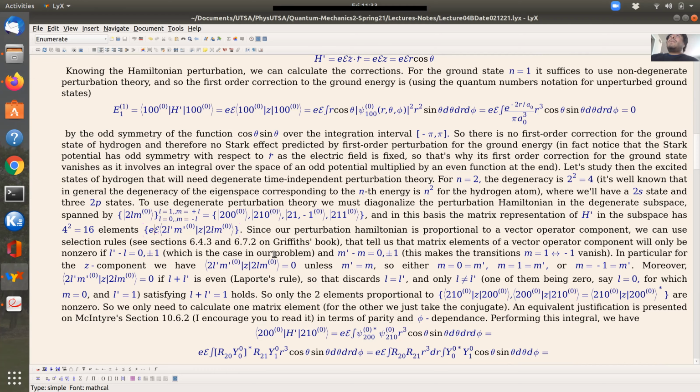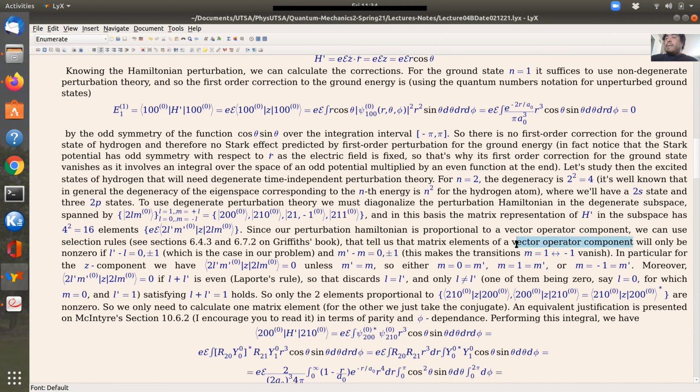But essentially, these are rules related to the matrix elements of a vector operator. So it doesn't need to be an angular momentum exactly. It can even be the position operator or a component of the position operator, but it's just a vector operator, okay? So the matrix elements of a vector operator component will only be non-zero. So notice that I'm emphasizing that this is a component of the vector operator.